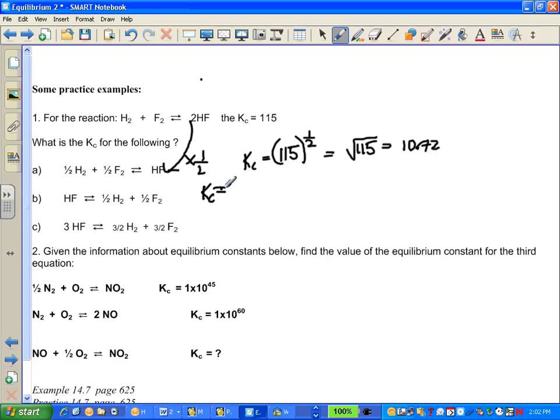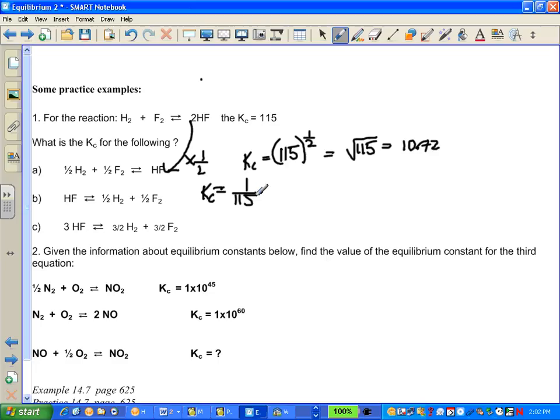new Kc. The first manipulation of reversing the reaction calls for the reciprocal, because as we saw from the note, when we reverse a reaction, the value of the Kc becomes the reciprocal. So it's 1/115.